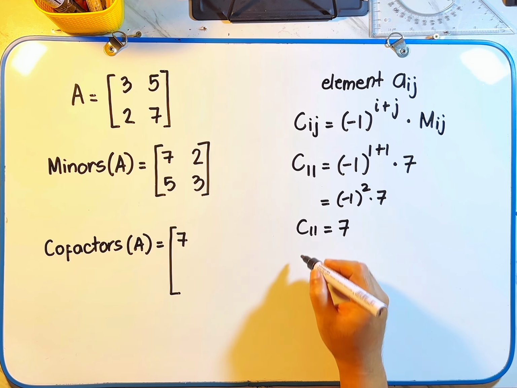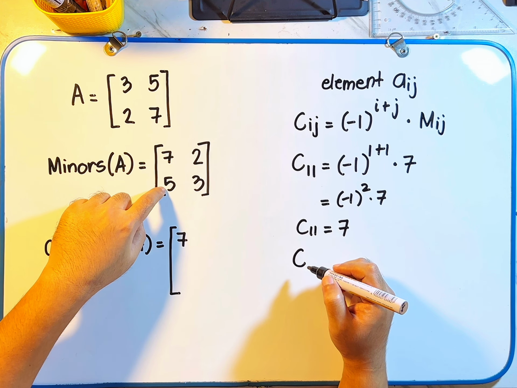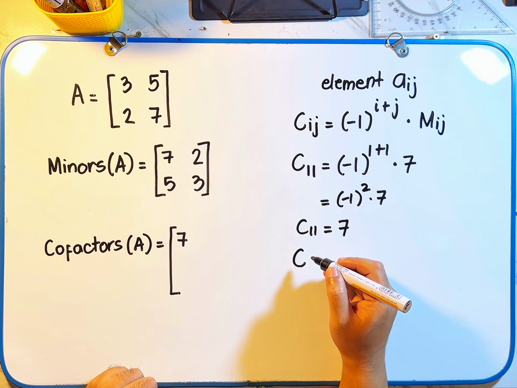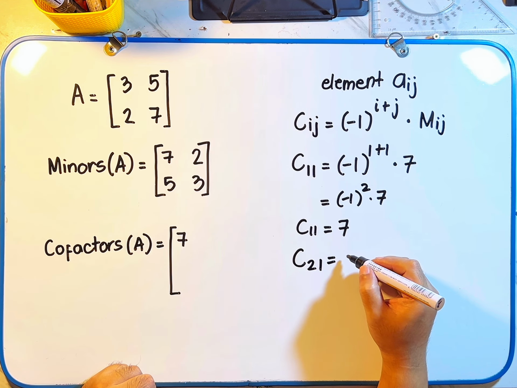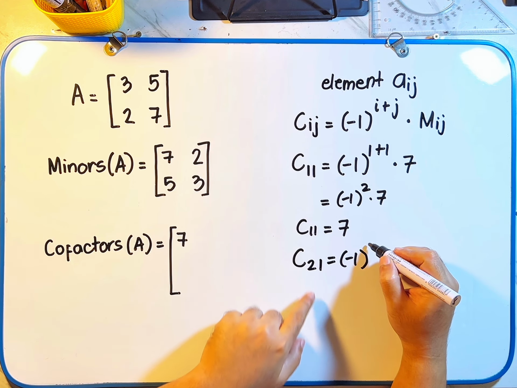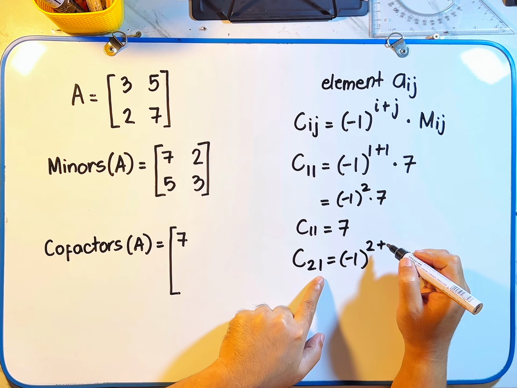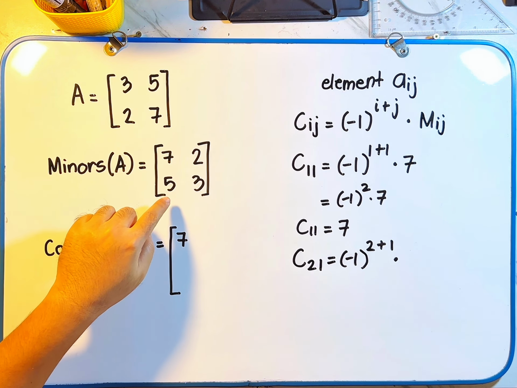Okay? Next, let's try to find the cofactor of the element in the second row, first column. Okay, so C21. The formula, let us apply negative 1 raised to i is equal to 2 plus j is equal to 1. And then times the minor is 5.